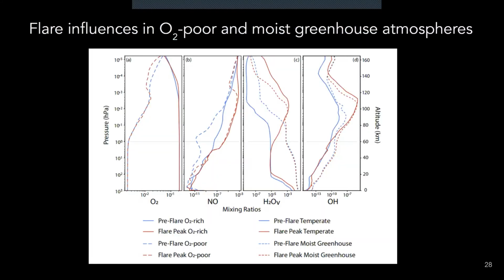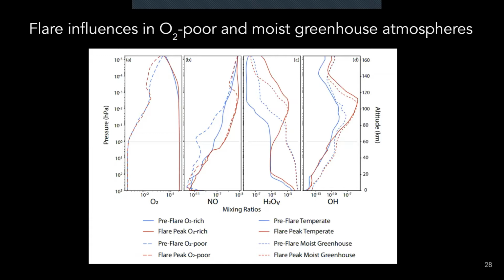Thus far, we've discussed modern O2-rich conditions. What about the flare effects for O2-poor and more highly irradiated moist greenhouse atmospheres?